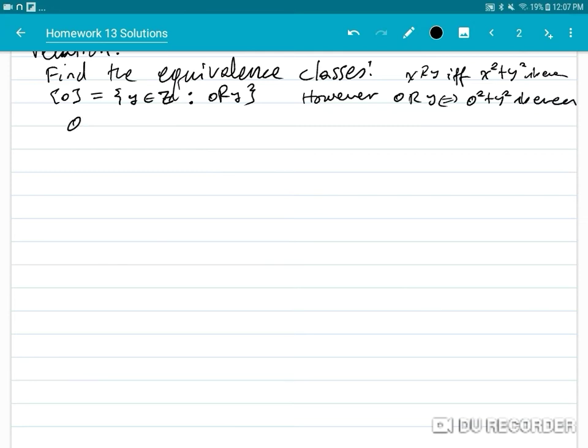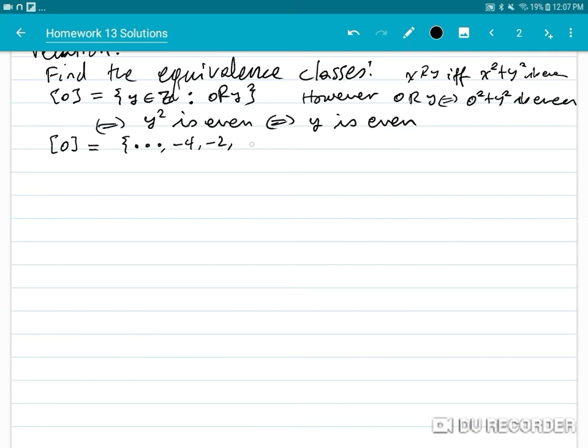Well, what's 0 squared plus y squared? This is the same thing as y squared is even. When y squared is even, then y is even. Or when y is even, then y squared is even. So this means that y is even. This means that the equivalence class containing 0 is the set of all even integers. Okay? If I have any even number, then it's related to 0. Conversely, if a number is related to 0, it must be even.